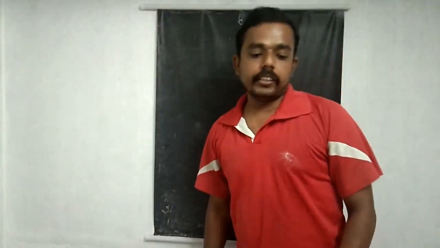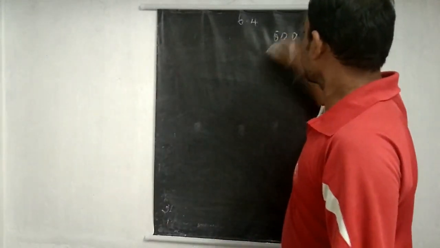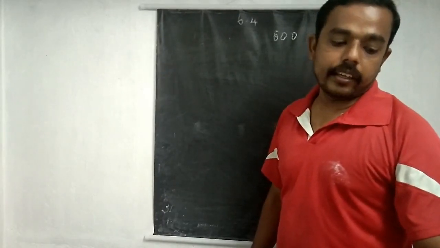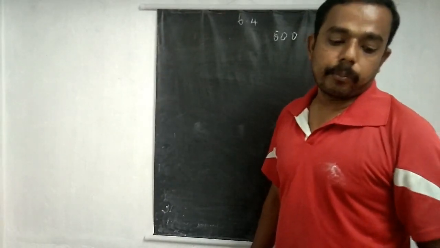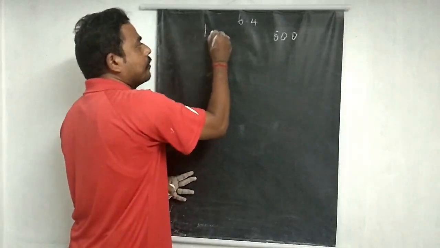There are 500 children in a school. For a PT drill, they have to stand in such a manner that the number of rows is equal to the number of columns. How many children would be left out? Think about left out.